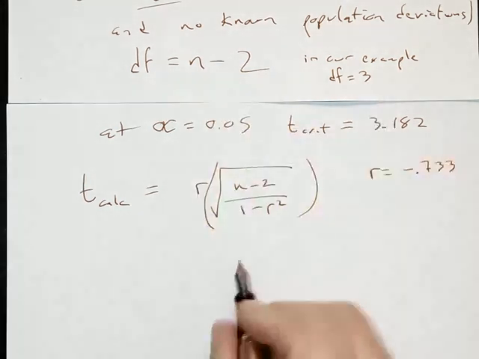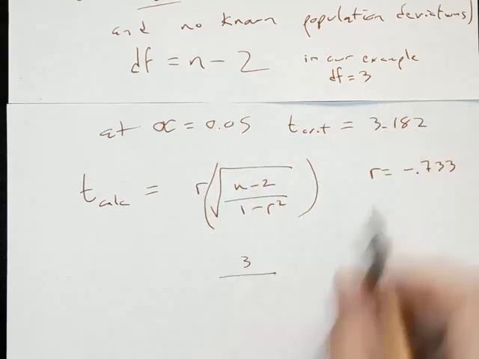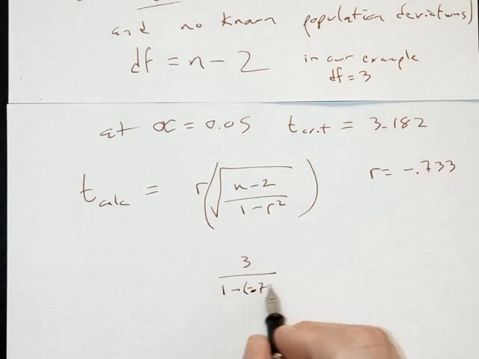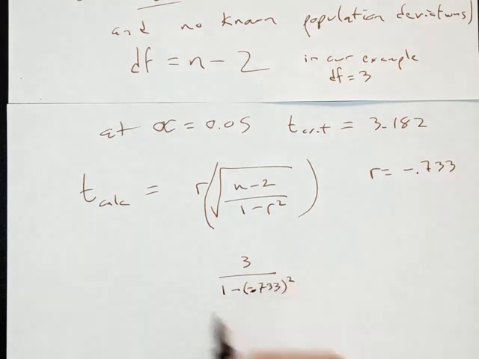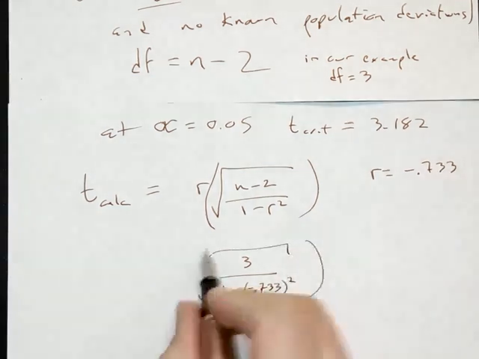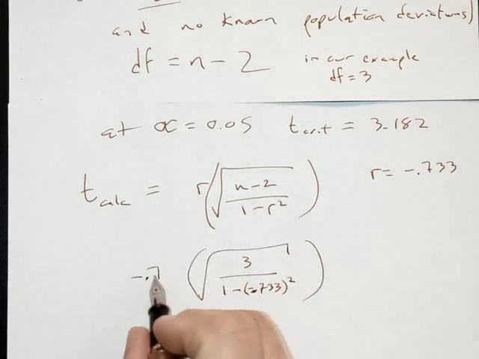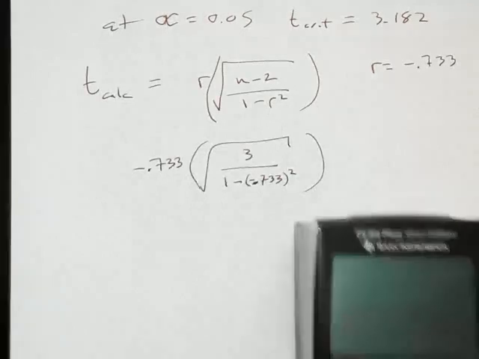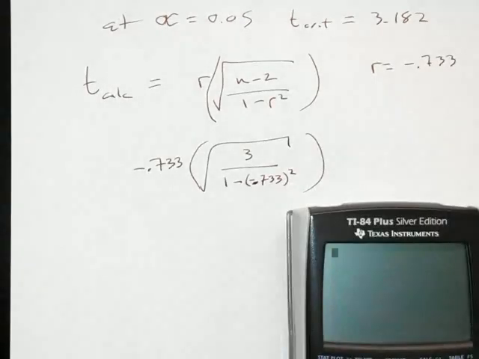That's 3 over 1 minus negative 0.733 squared. Take the square root of that whole thing, and I'll multiply by negative 0.733. Let me do that calculation right here. Square root of 3 divided by, parentheses, 1 minus negative 0.733.